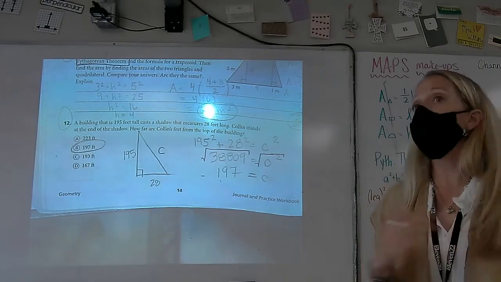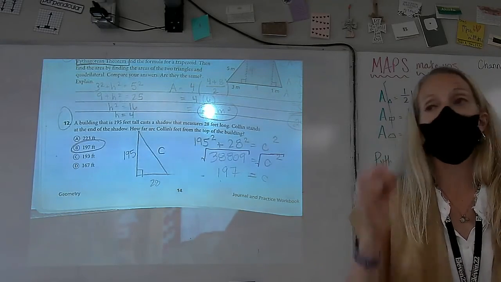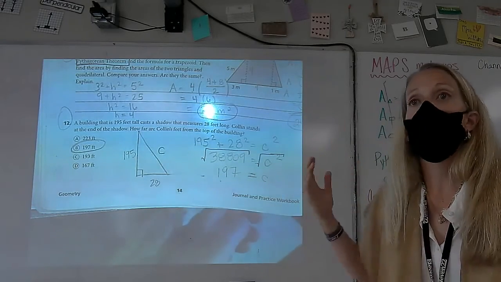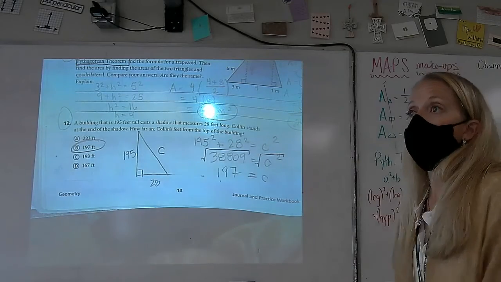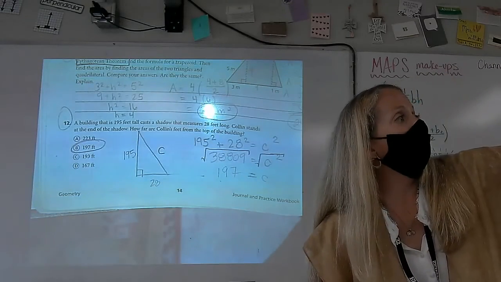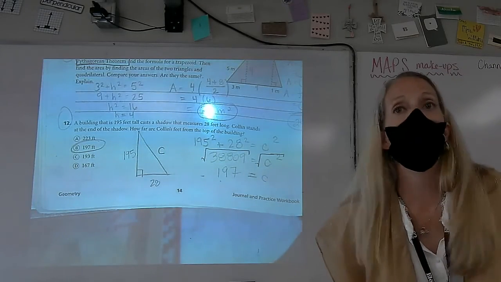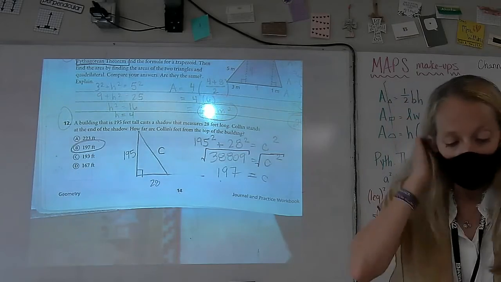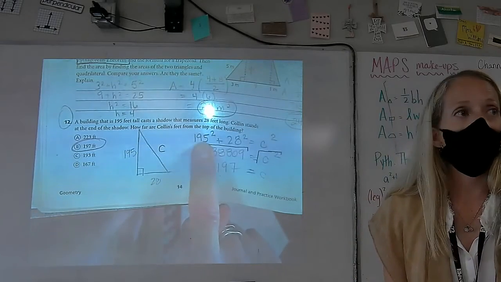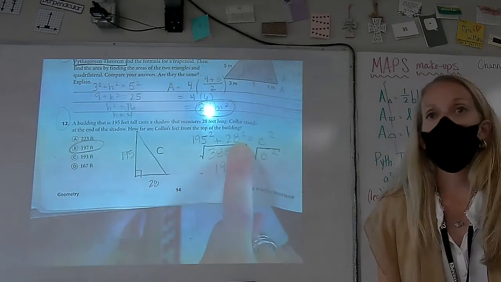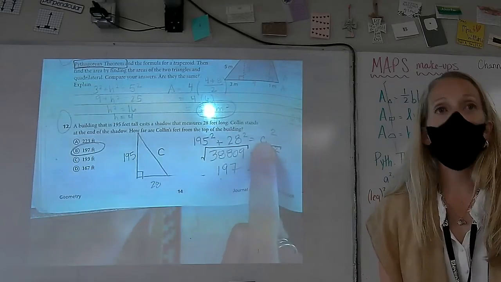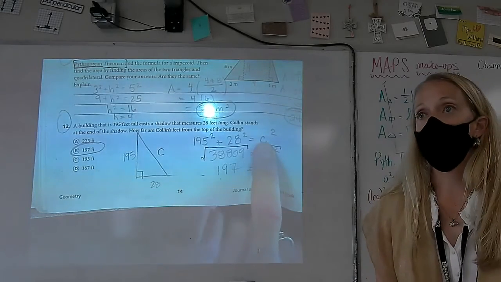So what is the only relationship we know that relates the three sides of a right triangle? It's the Pythagorean theorem. The Pythagorean theorem is over there on my wall, so you can see it right there to the right of the polygons. And so we have side squared plus side squared equals the hypotenuse, or the unknown squared.